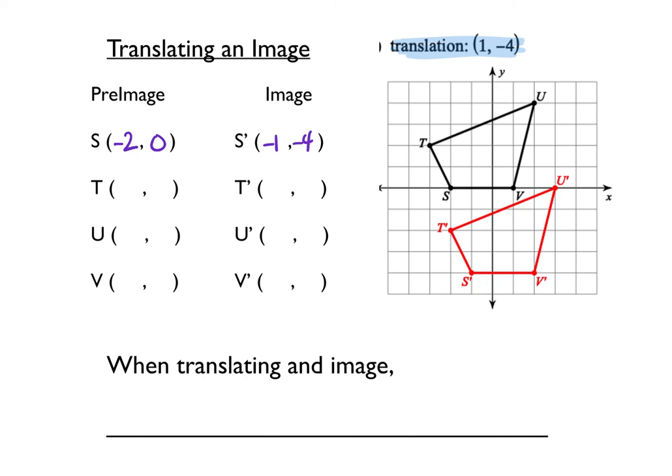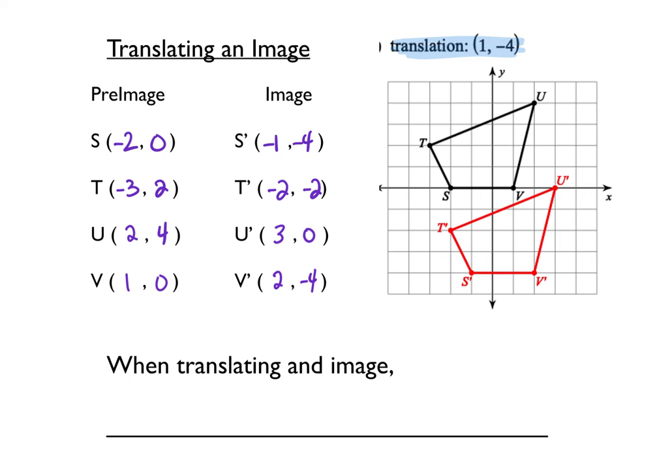The coordinates for t are -3, 2. And for t prime, -2, -2. For u, we have 2, 4. For u prime, we have 3, 0. And then for v, we have 1, 0. And for v prime, we have 2, -4.